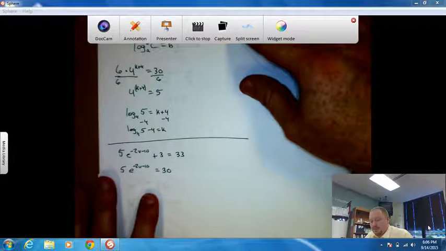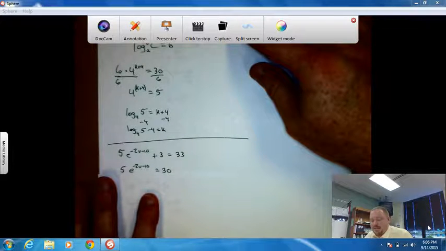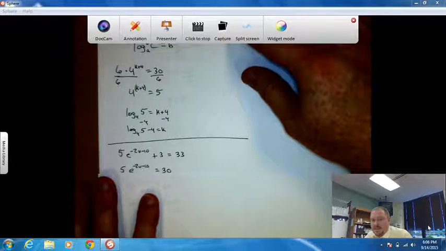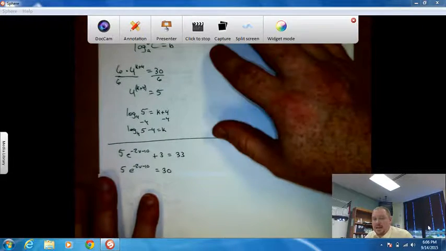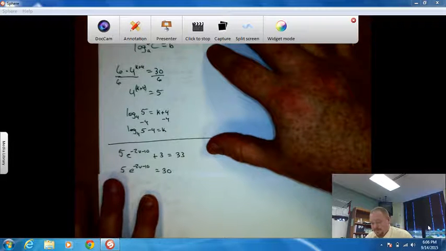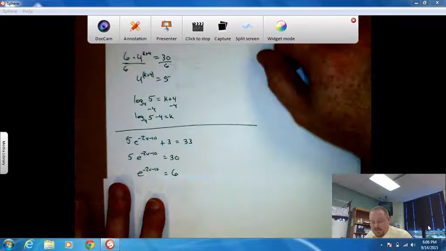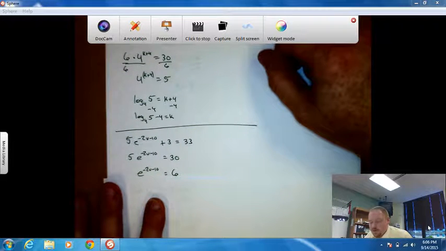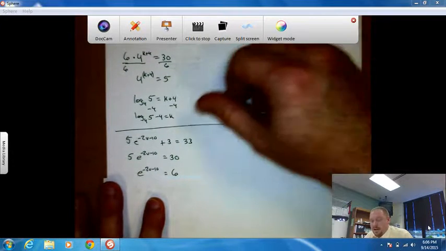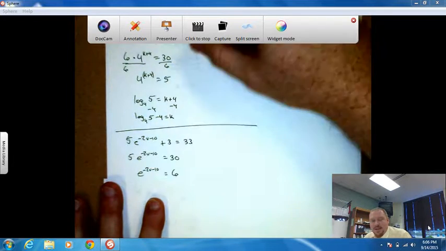That gets me 5 times e to the negative 2v minus 10 equals 30. Now I'm going to divide both sides by 5. 30 divided by 5 is 6. Now I have my power by itself, and it equals a number.